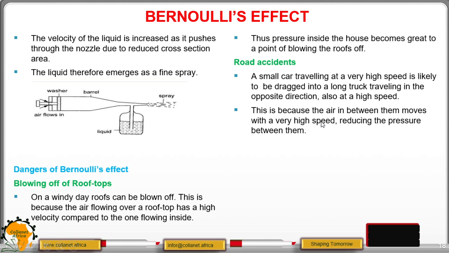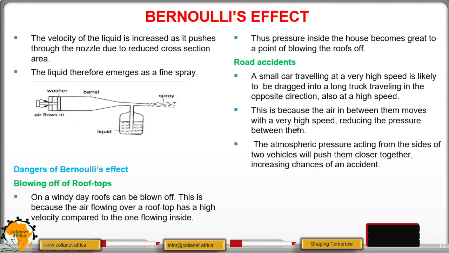So the pressure becomes low, and therefore the two cars can be pushed together, and that means you will have a collision, and that one is very risky, because the atmospheric pressure will just compel them to hit one another, and that creates what we call an accident.